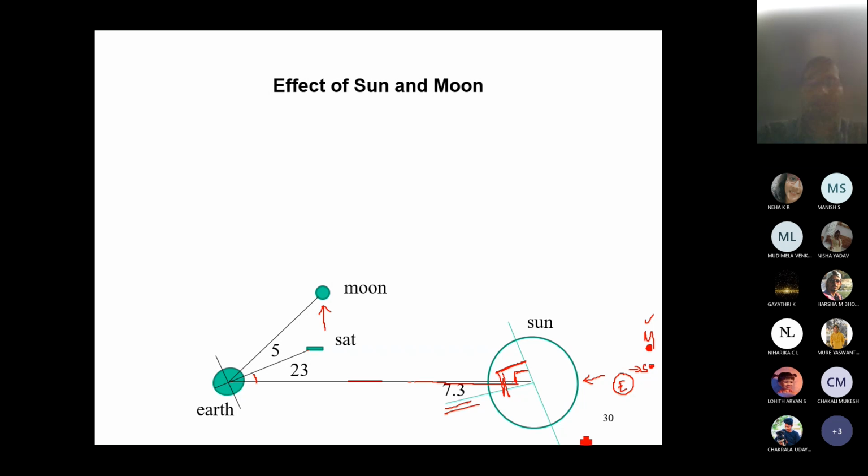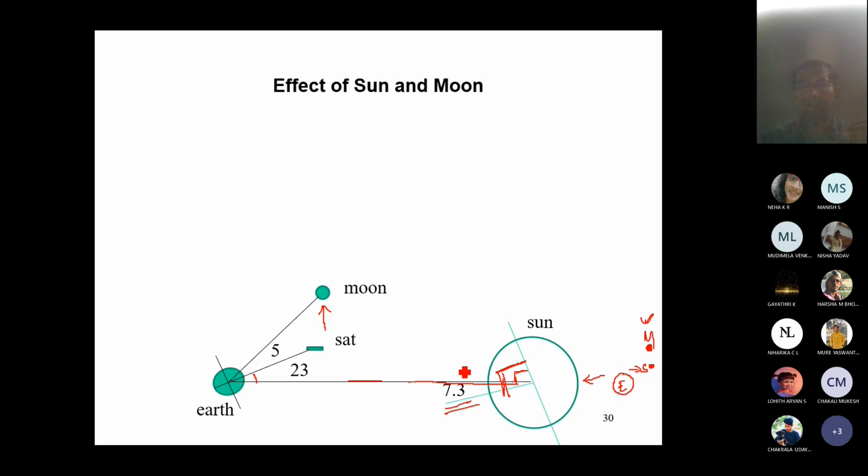So it will experience less force from the sun, but it definitely will experience some force from the moon. But here at this location, because the satellite is lying in between Earth and sun, it will experience force from the moon as well as from the sun.